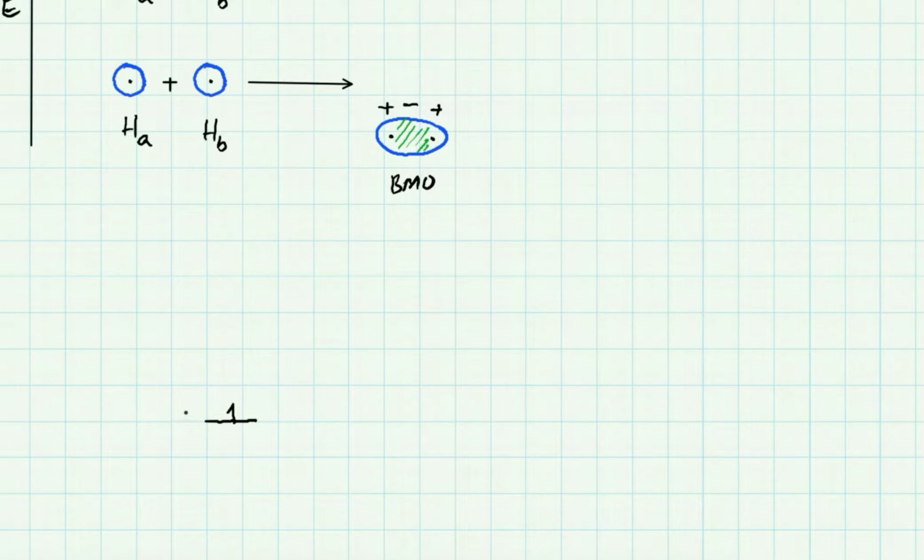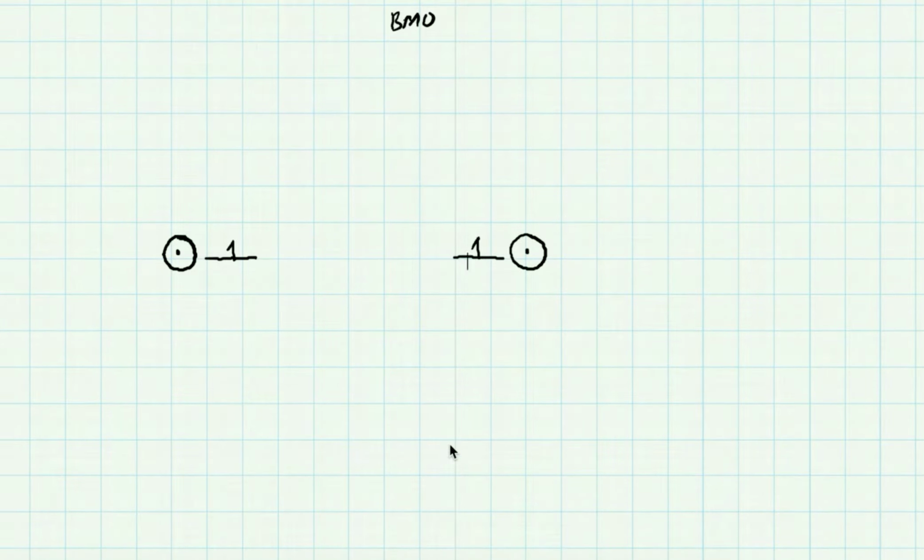So suppose this is one s orbital, and the other 1s orbital also contains one electron, and here we are taking the energy axis.